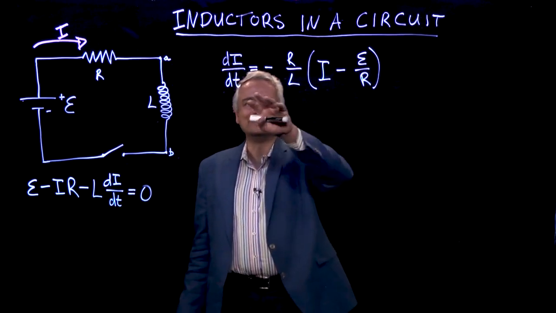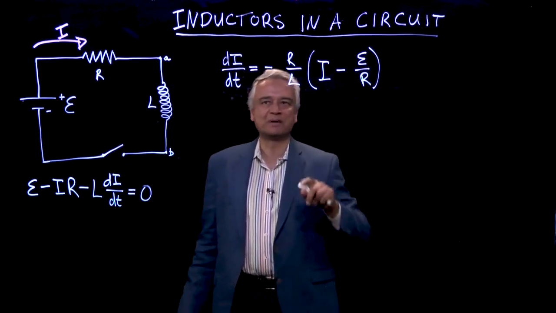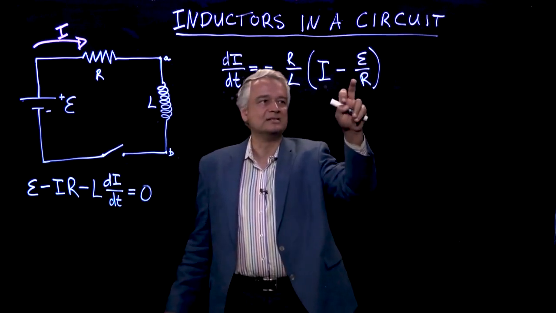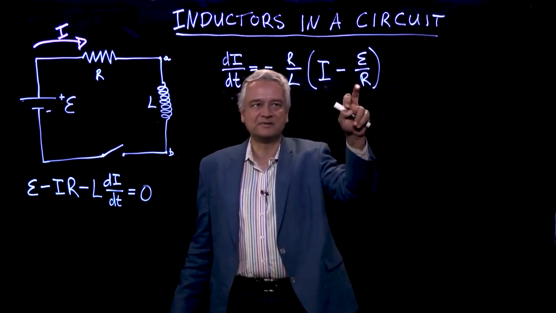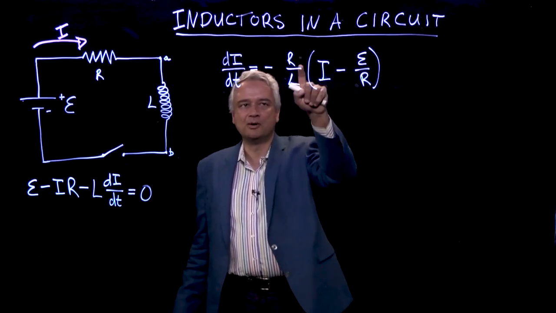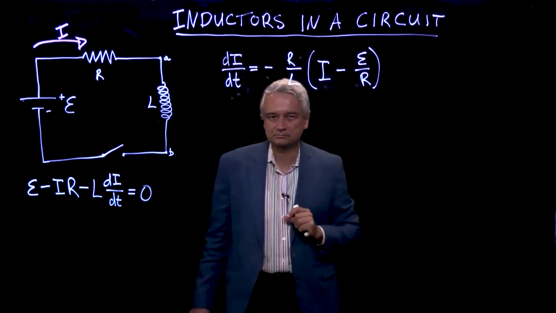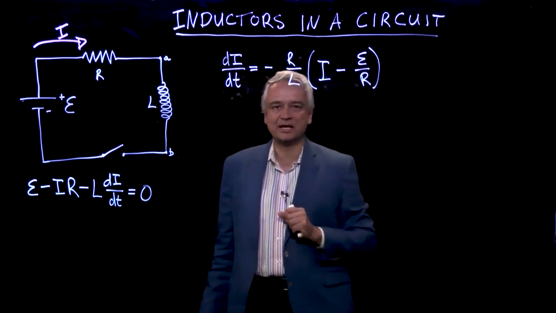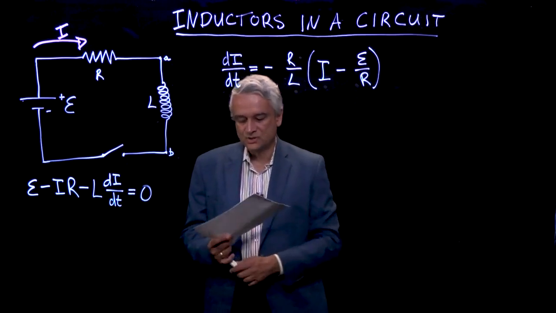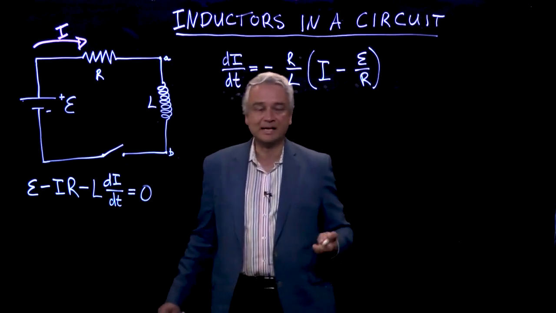When this was a dq/dt equation for a capacitor, there was q there, and this was C times epsilon, so the constant was different. And this constant out front, instead of being R over L, was 1 over RC. So the constants have changed, and the variable has changed. But the math is the same, so I can just write down the answer.